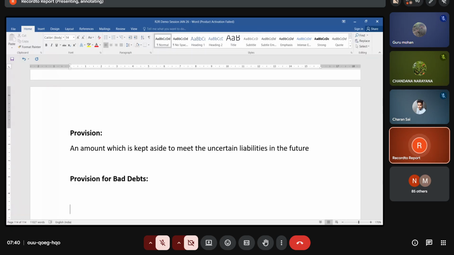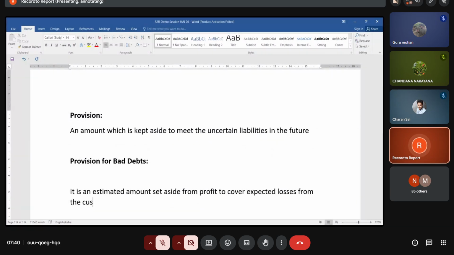It is an estimated amount set aside from profit to cover expected losses from the customers who may not pay their dues in the future.